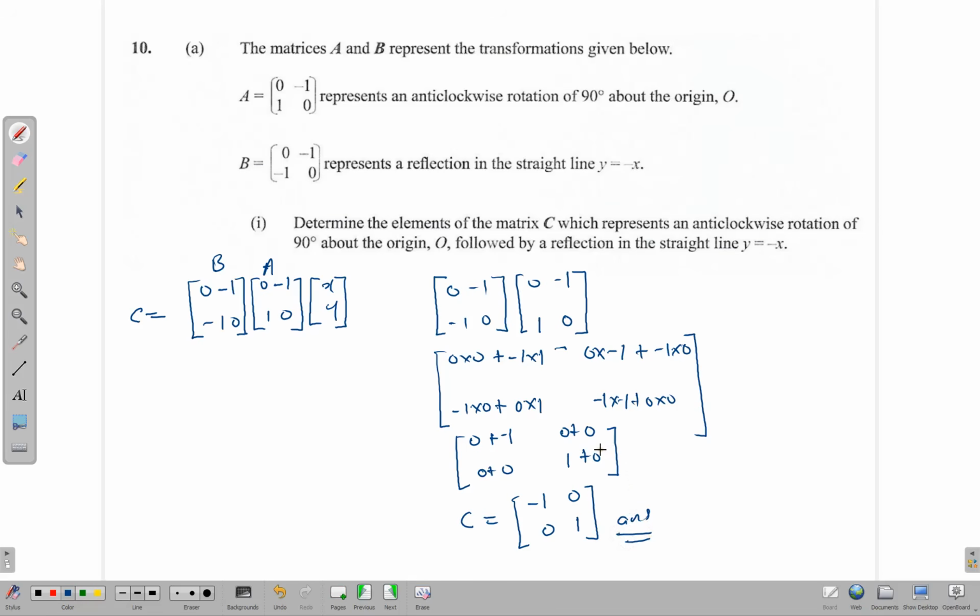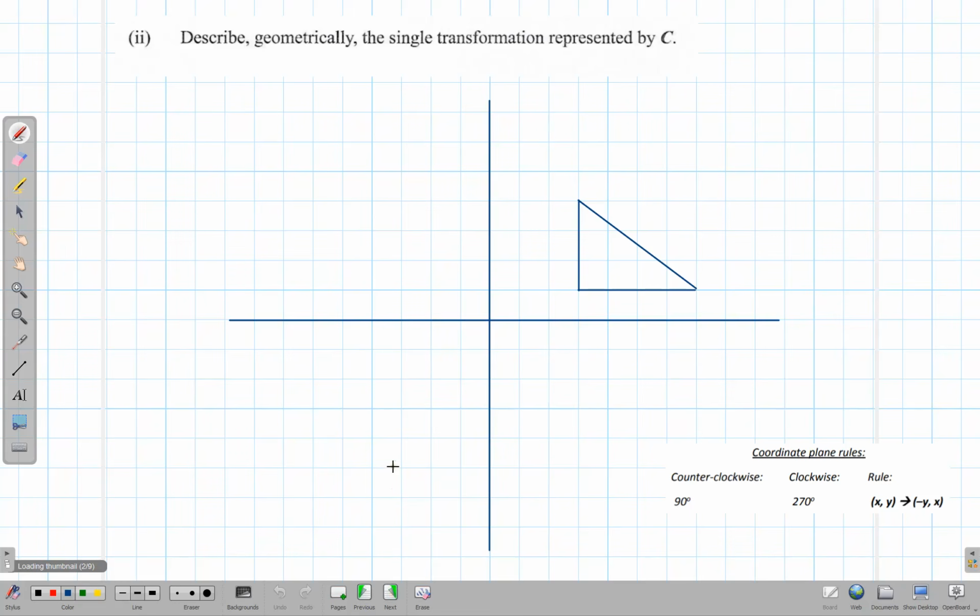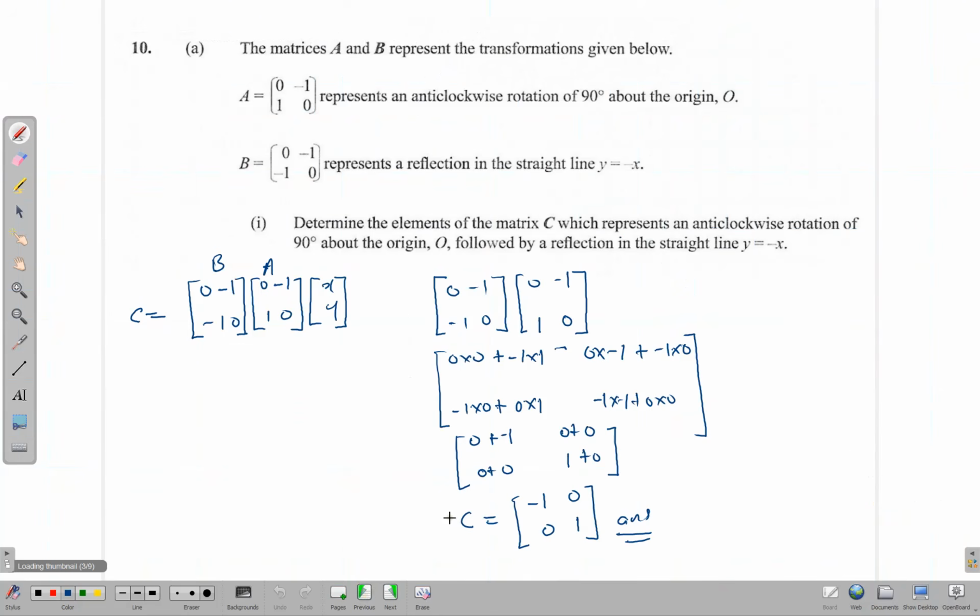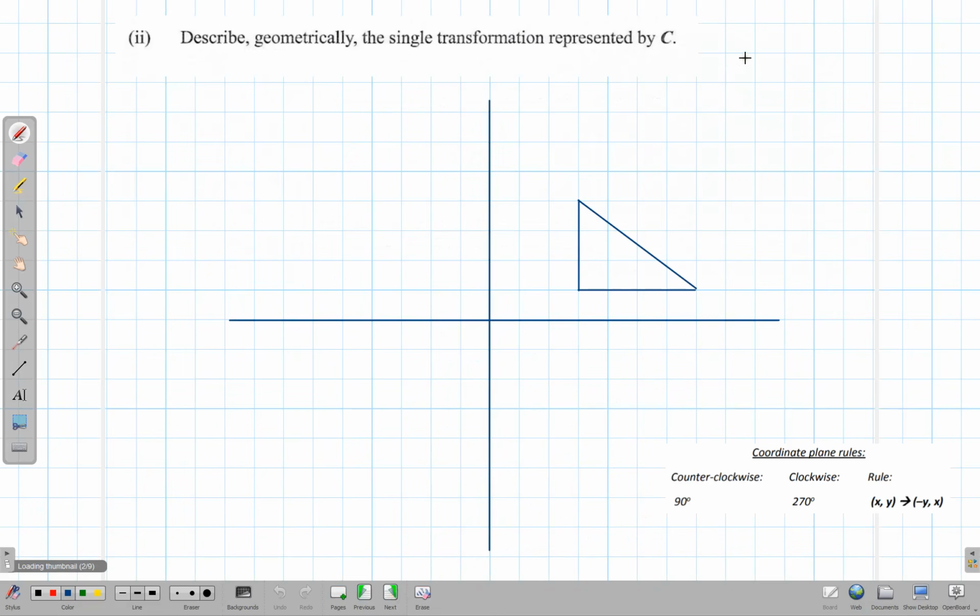And next we move on to the other part of the question, which says describe geometrically the single transformation that is represented by C. So C is our matrix [-1, 0; 0, 1]. Let's write that down.